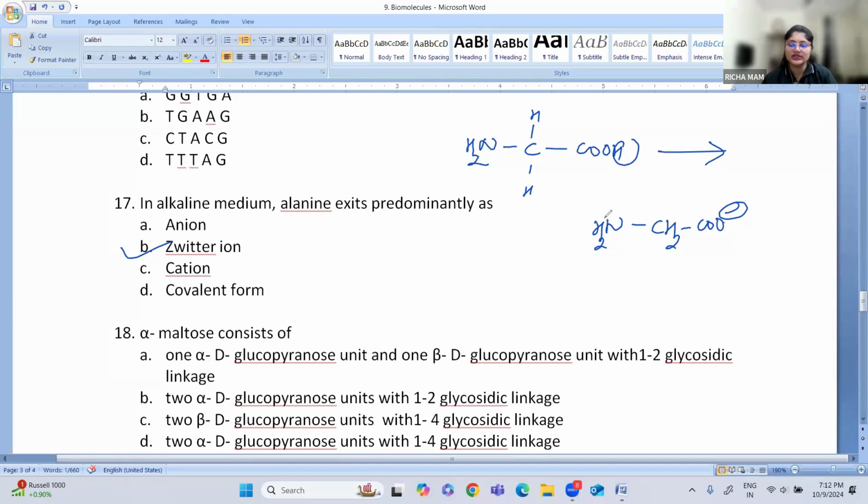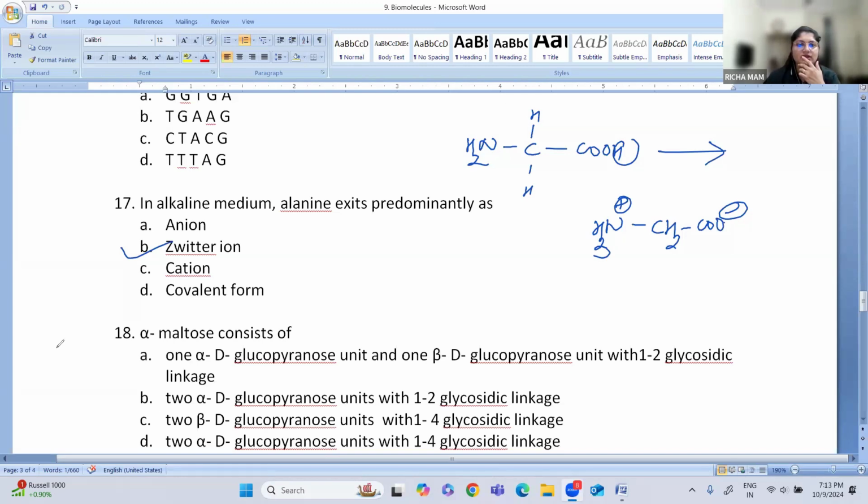So this will give a proton, this will accept a proton. So it will be in its Zwitter ion form, with NH3 plus. So option number B. In alkaline medium, alanine will exist as the Zwitter ion.